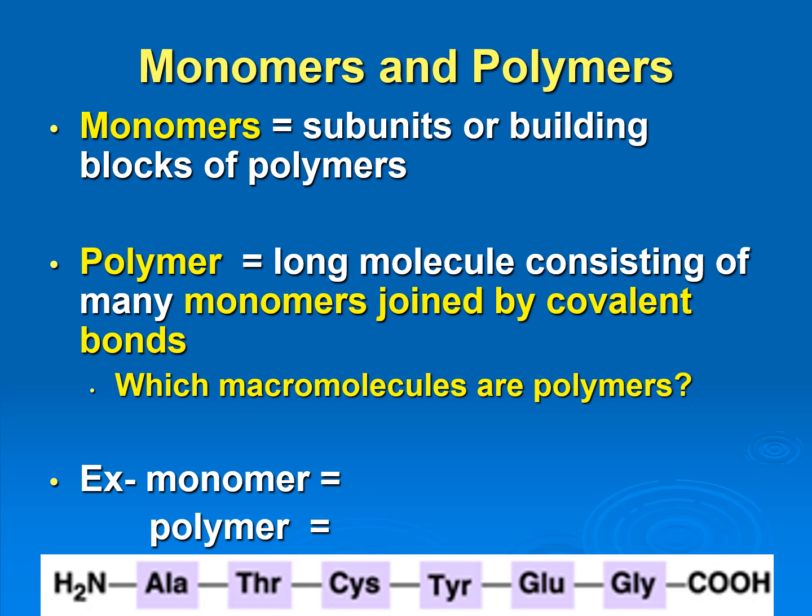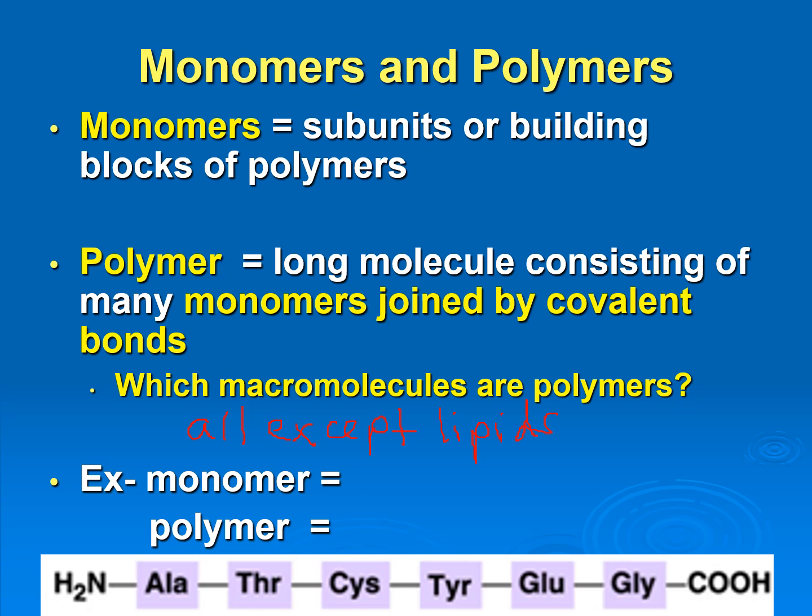If you take a bunch of monomers and join them together by covalent bonds, that will make up your polymer. So if we answer this question down here, which macromolecules are polymers? All of our macromolecules are going to be polymers except for the lipids.